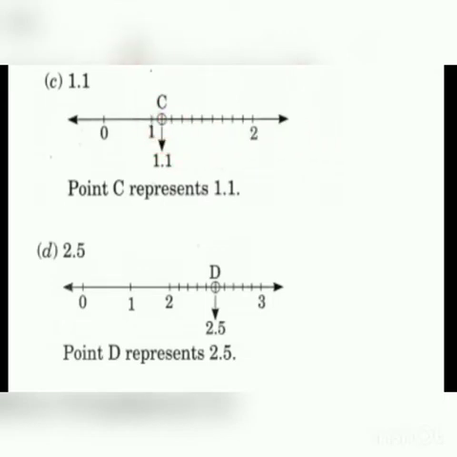Next question, 2.5. Where does 2.5 come? Here the whole number part is 2, so the distance comes between 2 and 3. The distance between 2 and 3 is divided into 10 equal parts. Each part will be 2.1, 2.2, 2.3, 2.4, etc. So, in between you can see 2.5. Like this, whatever decimal number is given, you look for the whole number part. For example, if I give you 7.3, where does 7.3 come?